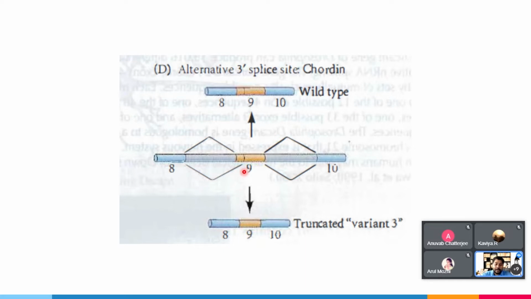And depending on the presence of a splice acceptor site, the intron is recognized. So there is an acceptor site right here, which is recognized by the spliceosome, and thus the cut is present here. So what exactly is present in this coding mRNA is there is a splice acceptor site present in the middle of the exon as well. So the spliceosome can, instead of recognizing this site, recognize this one as well, and thus produce a truncated variant by splicing out the entire intron and part of the exon 9, as it still thinks that the entire thing is an intron.